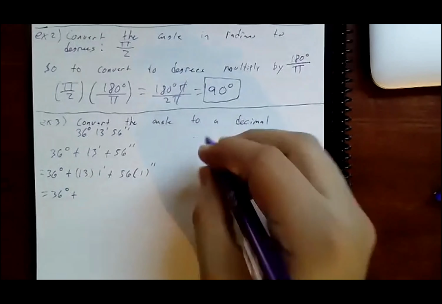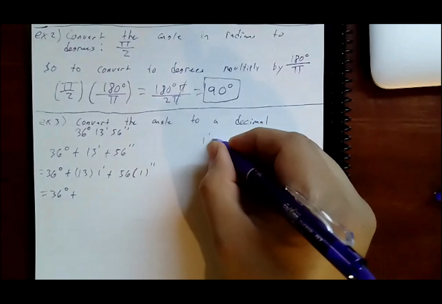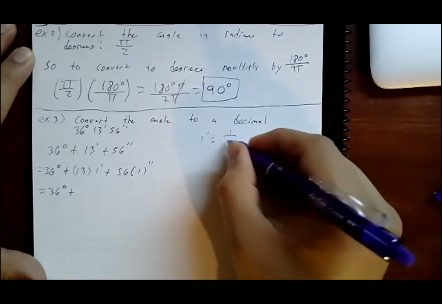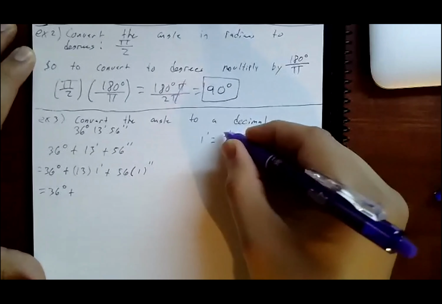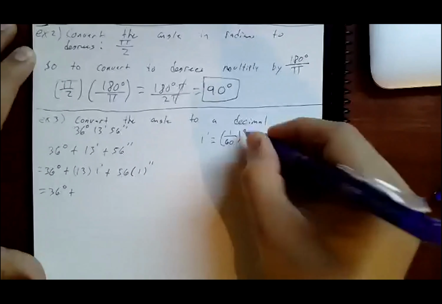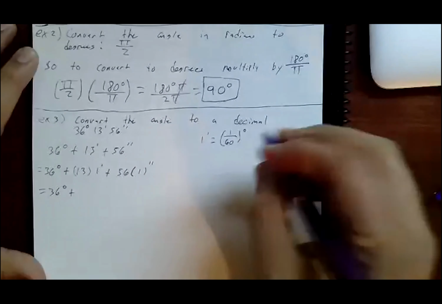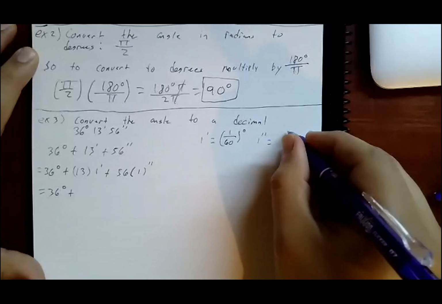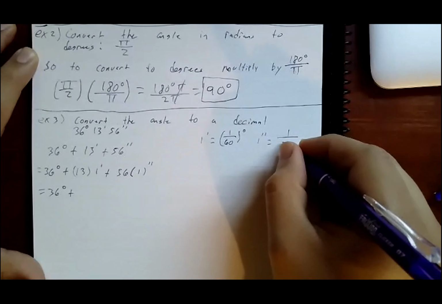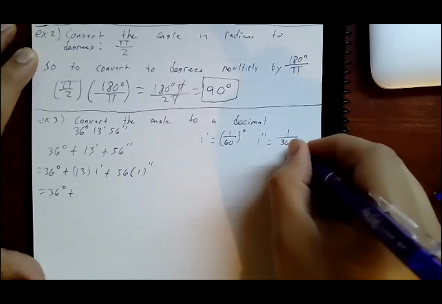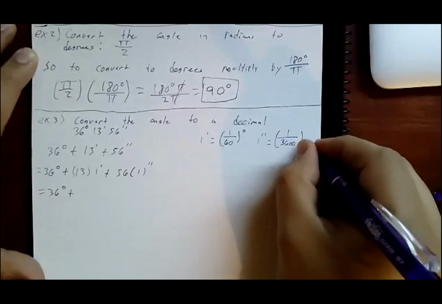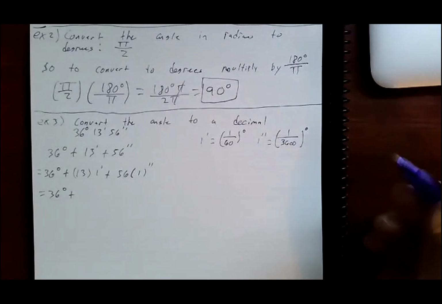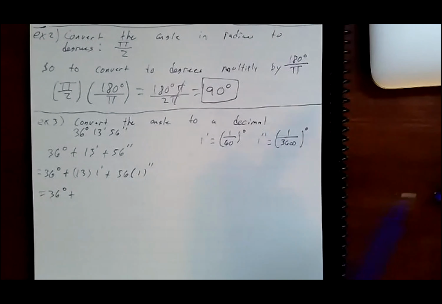I'll write them right here so I don't forget. 1 minute is equal to 1 over 60 degrees, and 1 second is equal to 1 over 3600 degrees. And the way to get this is by converting minutes to seconds. So we're gonna skip that because I'm sure you guys know how many seconds are in a minute.